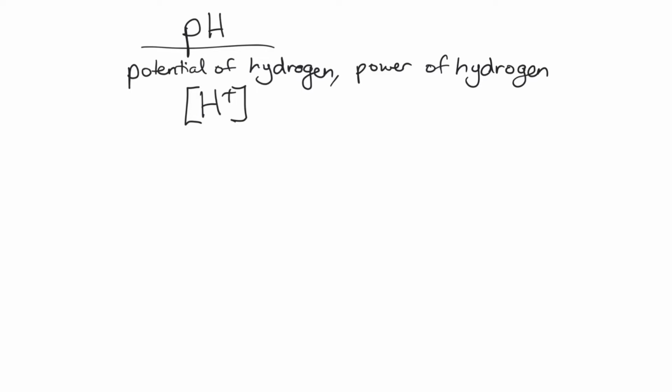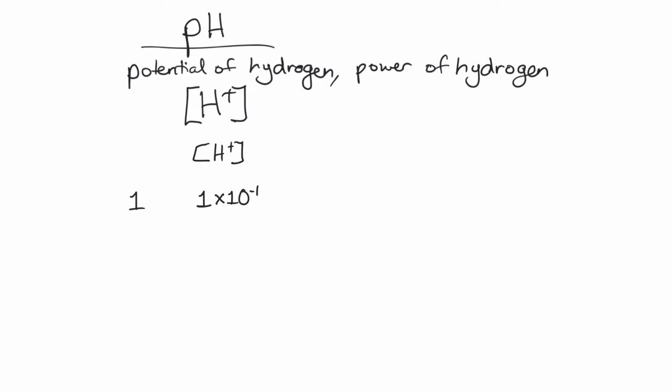Now here's an interesting thing. Let me move this down a little so we can make a chart. With a pH of 1, the concentration of hydrogen ions is 1 times 10 to the negative 1 moles of hydrogen ions per liter of solution.